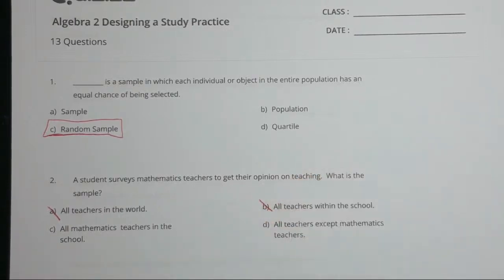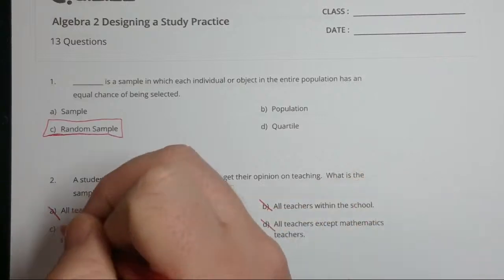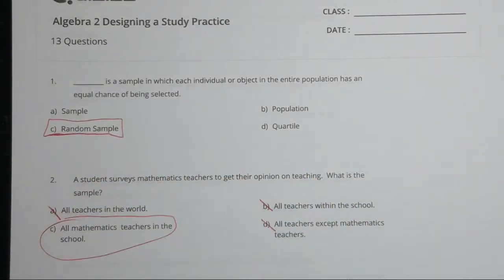That's your objective. All teachers except mathematics teachers, ridiculous. It's all math teachers in the school. Now, those would be the ones in the sample. Your population is a little bit of a different conversation. Your population could potentially be all mathematics teachers in the world, but for this particular sample, it's just teachers in your particular school.